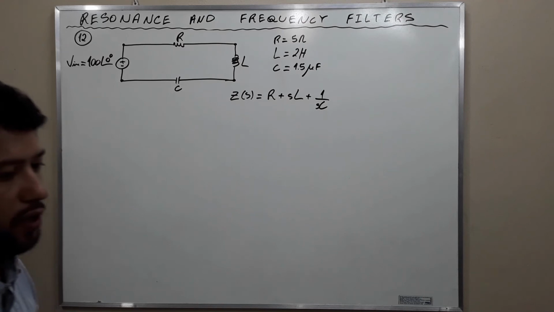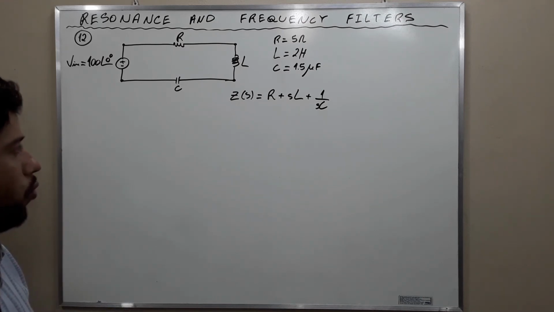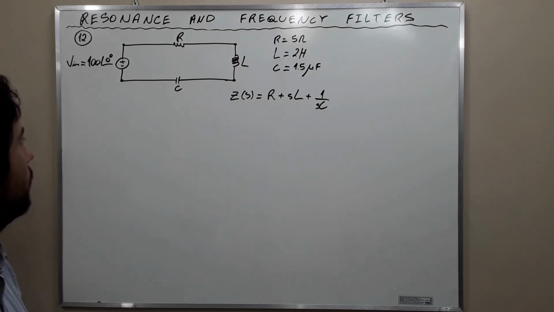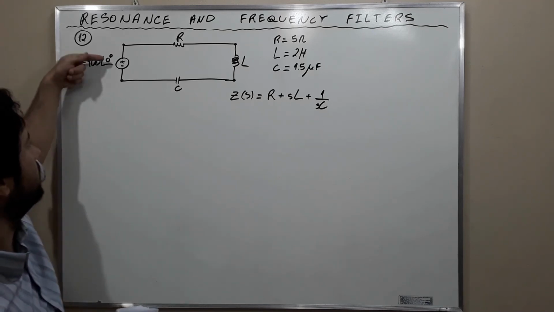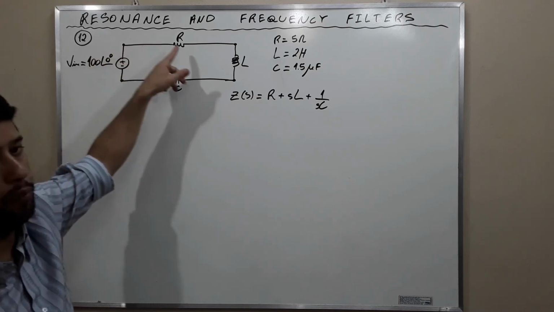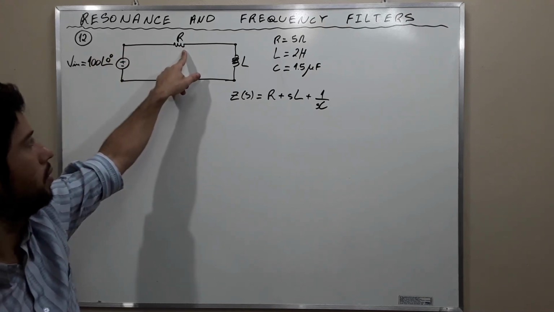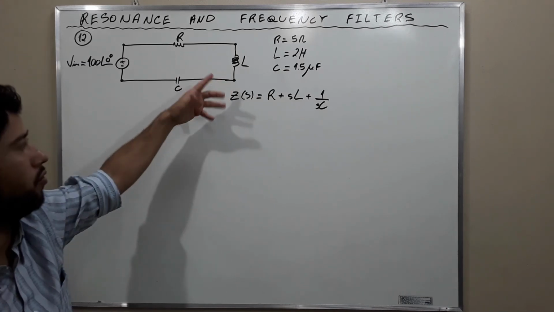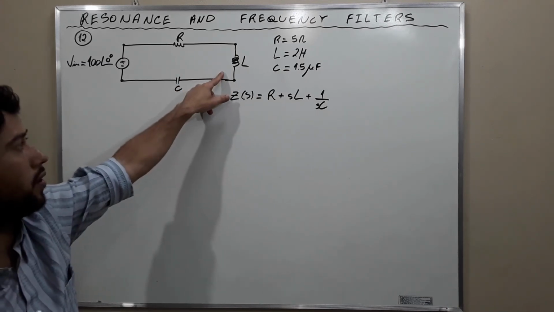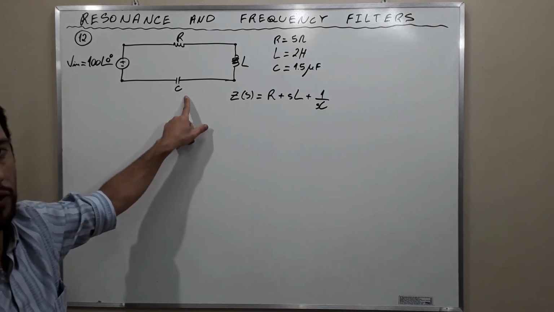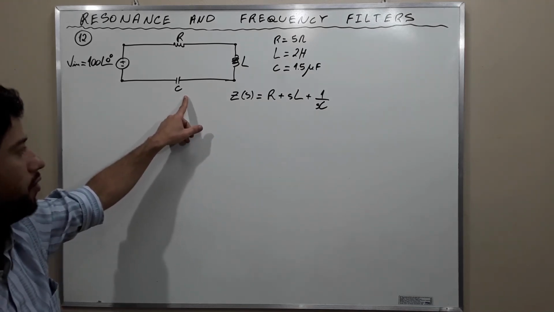Okay, this is the equivalent impedance in the frequency domain. Okay, this is the impedance seen by the source. We are grouping the resistance with the inductive impedance, or if you prefer, inductive reactance, and the capacitive impedance, or if you prefer, capacitive reactance.